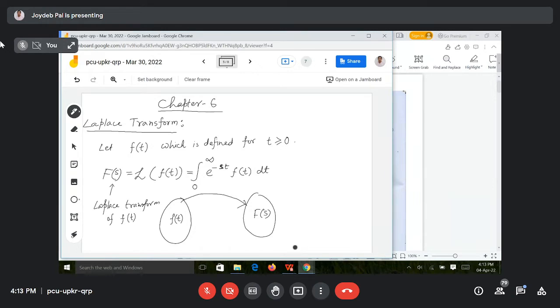Whenever we take the Laplace transform of small f, after taking the transformation we denote it as capital F. So there is a relation between them, for our benefit. The initial function is in lower case, and its Laplace transform is denoted by its uppercase. Small f and capital F.